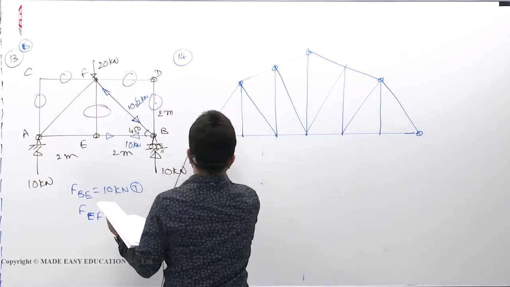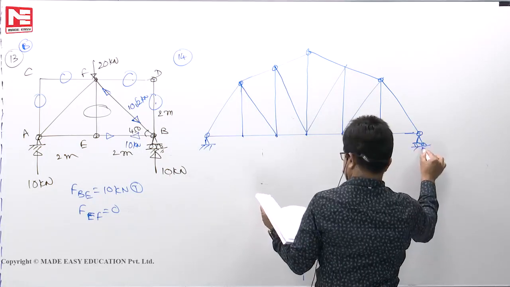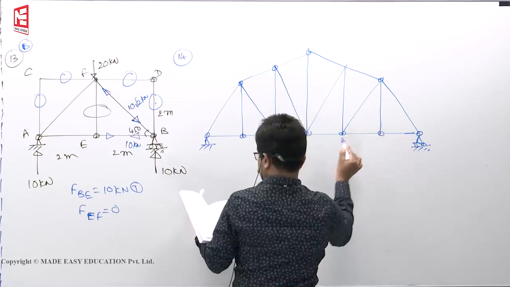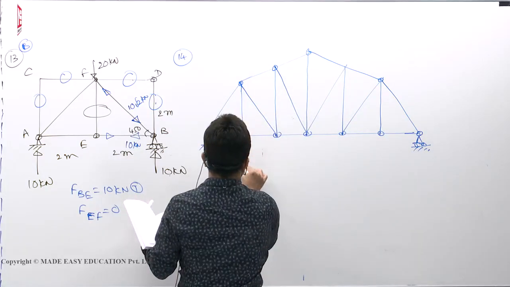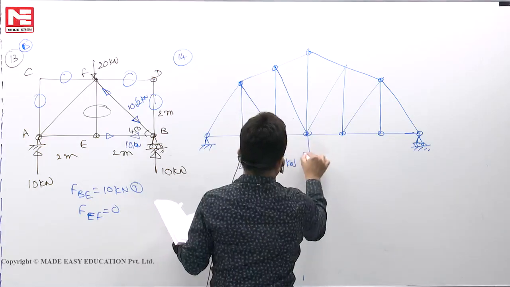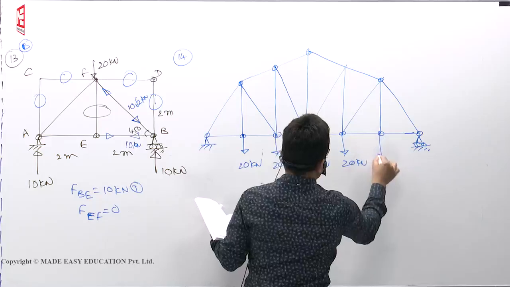Now here hinge is there, here roller. Everywhere 20, 20, 20. 5 20s. 20 kilonewton, 20, 20, 20, 20.